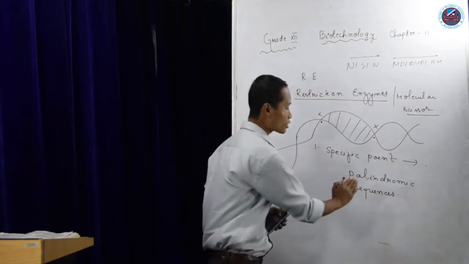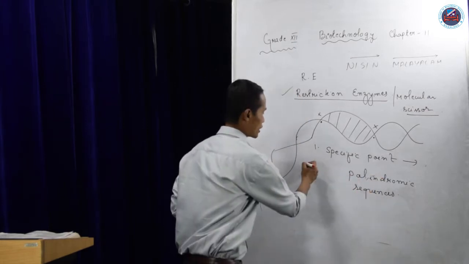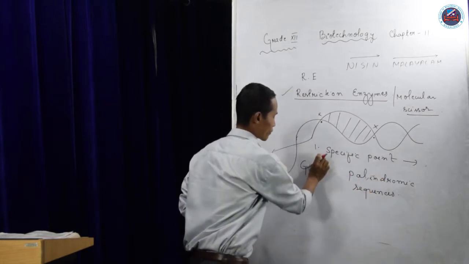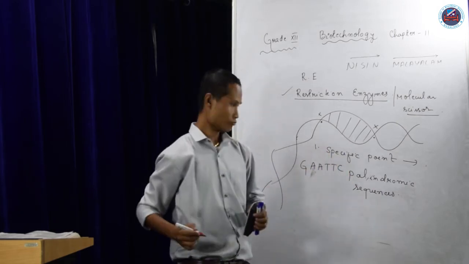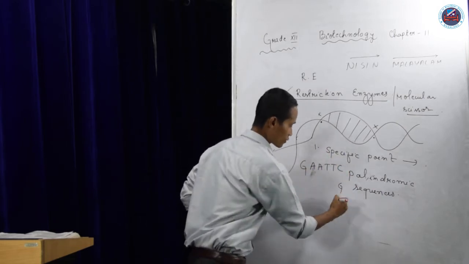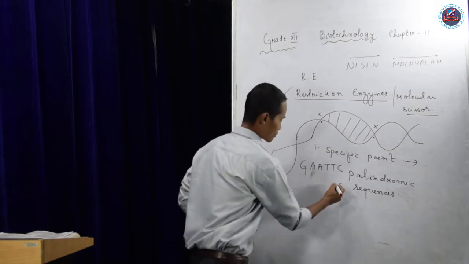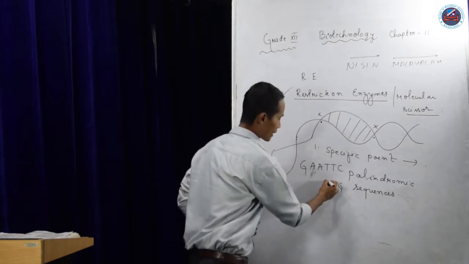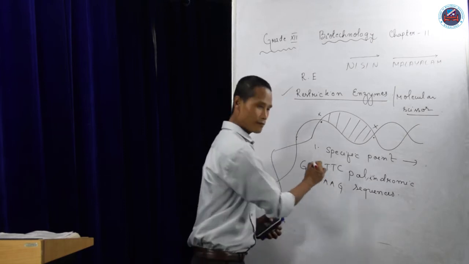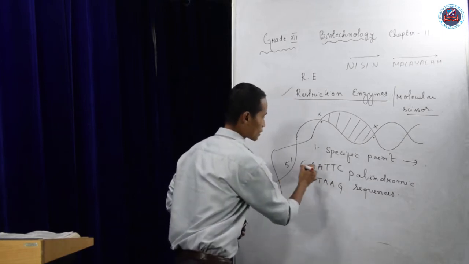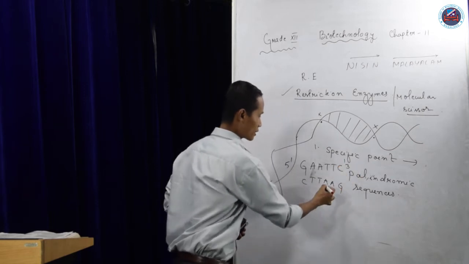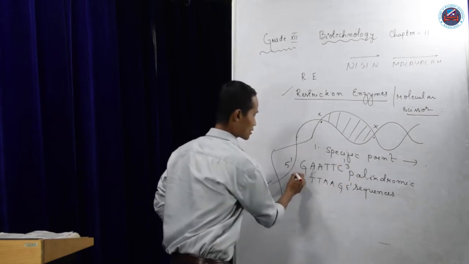What is the meaning of palindromic sequences? If I write G-A-A-T-T-C, the opposite, complementary strand will be G-A-A-T-T-C. If this is 5 prime, it ends with 3 prime, and this is 3 prime.